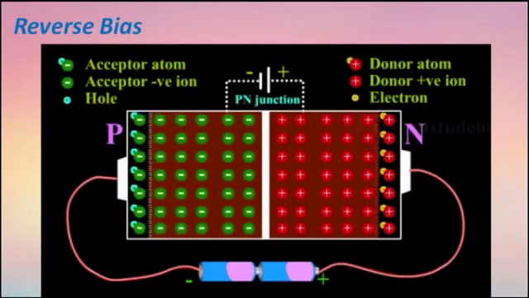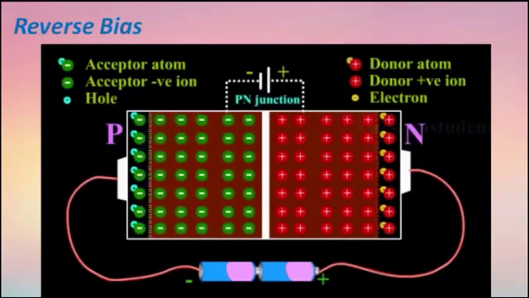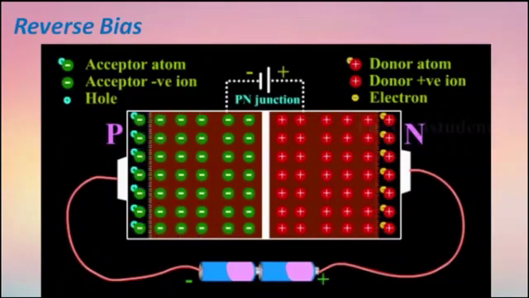This also increases the immobile ions at the junction, so the width of the depletion region increases as well as the barrier potential. Consequently, the majority charge carriers from both sides face a great barrier to cross the junction. It reduces the diffusion current across the junction, but a small current flows across the junction due to the minority charge carriers in both regions.